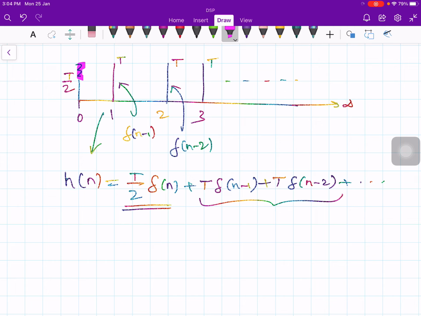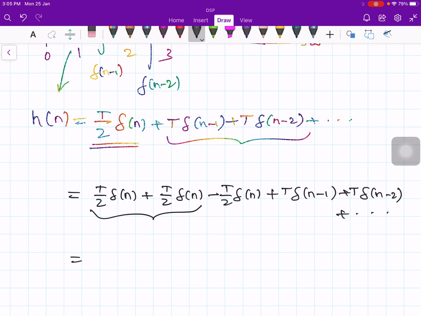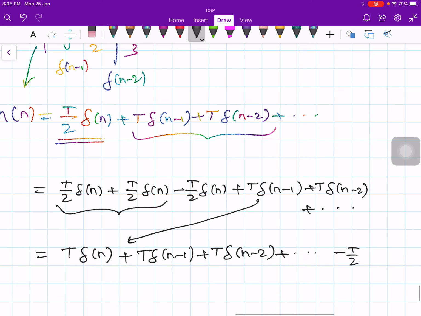In this expression you add T by 2 delta of n and subtract T by 2 delta of n, plus T times delta of n minus 1 plus T times delta of n minus 2 plus and so on. Now this is going to be T times delta of n plus T times delta of n minus 1 plus T times delta of n minus 2 and so on, then minus T by 2 times delta of n.